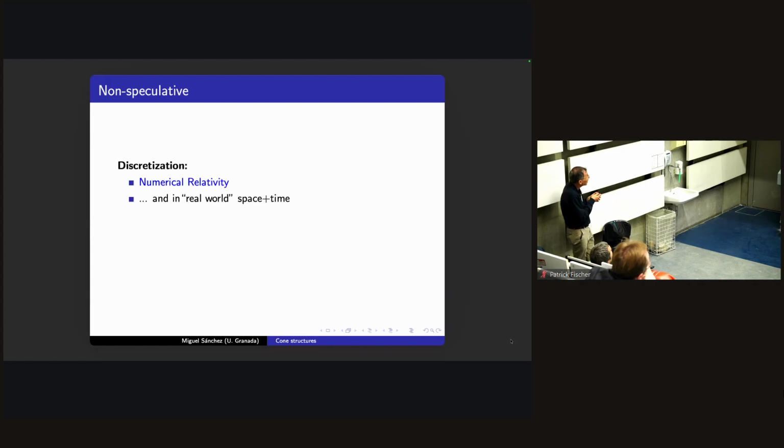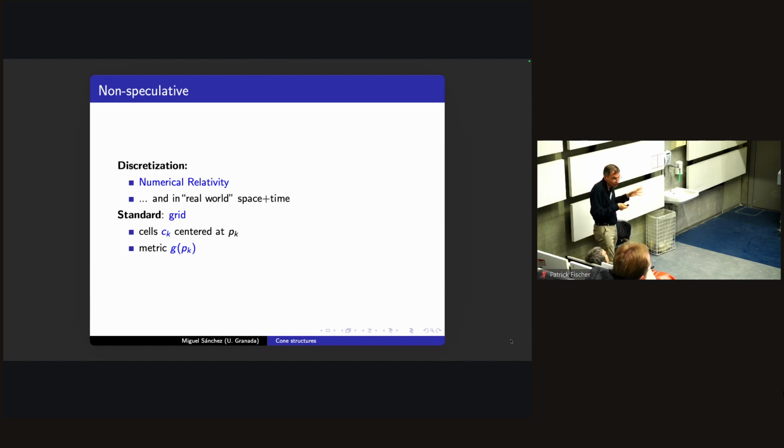Just consider numerical relativity, even in real-world discretization of space-time. We, in a natural way, discretize the space-time by taking a grid that assigns to its cells the metric at one of the points, and then considering this space.